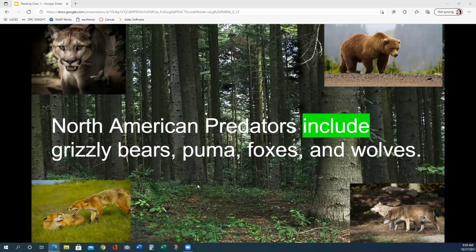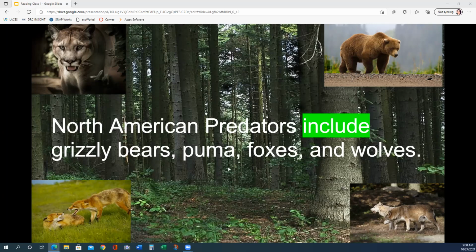Okay, so what do we know about these? Grizzly bears, what do these animals have in common? A puma is a cat, kind of like a cougar. Foxes and wolves are similar to dogs. What I know about all of these animals is that they hunt for their food. They eat other animals.